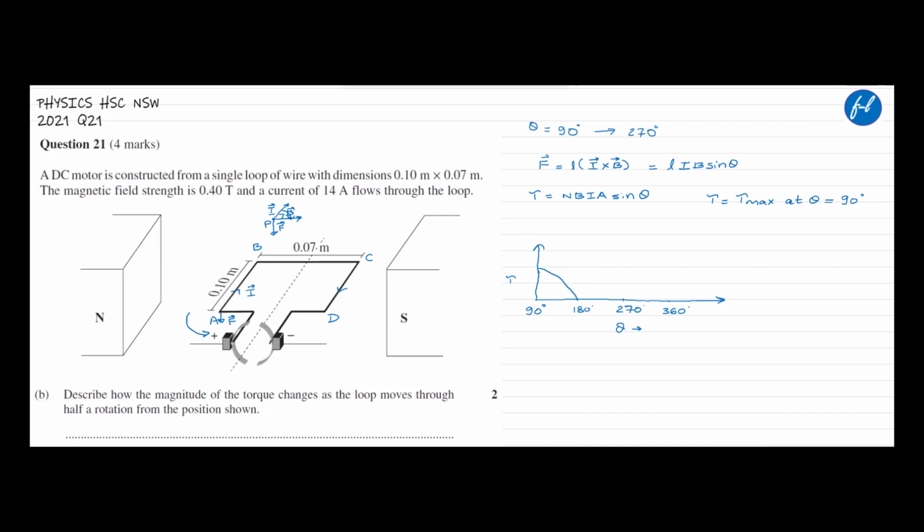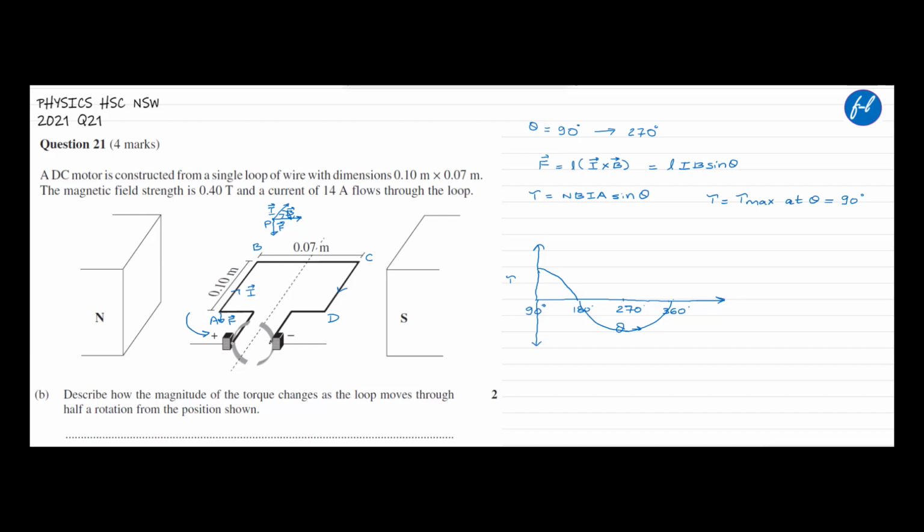So if I show the minus y-axis, it will be something like this. And of course we know it is a sine graph, so it has to go something like this.